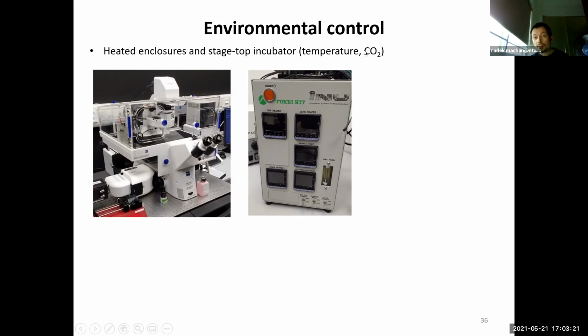And you can connect a CO2 cylinder to this unit if your sample needs 5% CO2, for example, for long-term time-lapse acquisitions. Also, there are some microscopes which have hardware autofocus, which is again very helpful for long-term observations, because without that the focus might drift over time, so you will lose your focus. But with a hardware autofocus, you will remain focused no matter how long your experiment lasts.